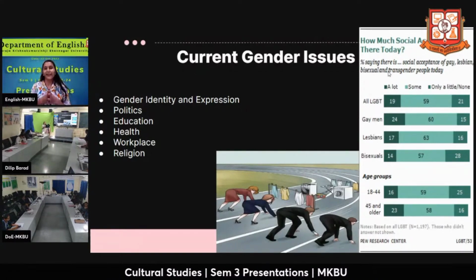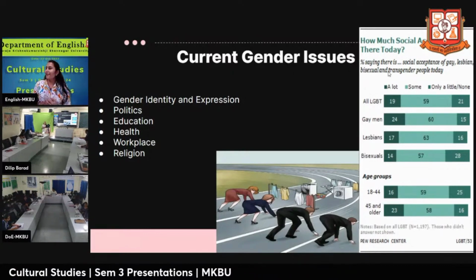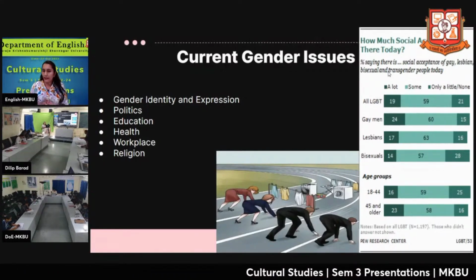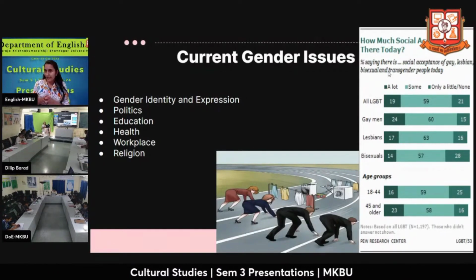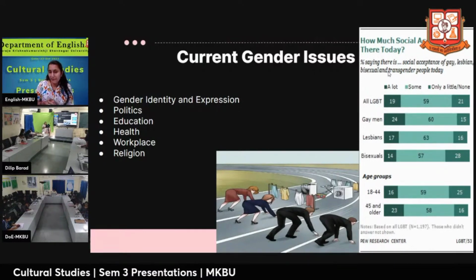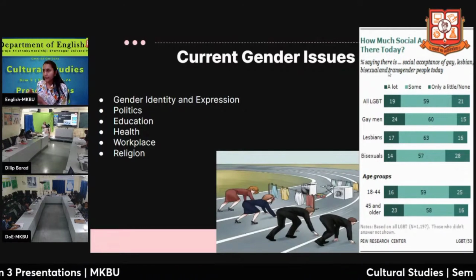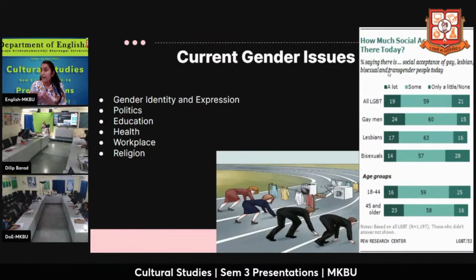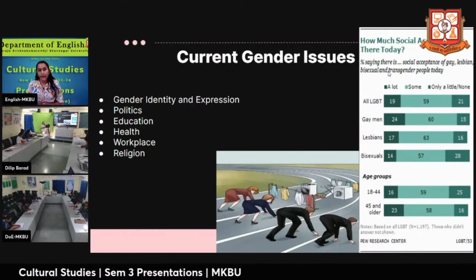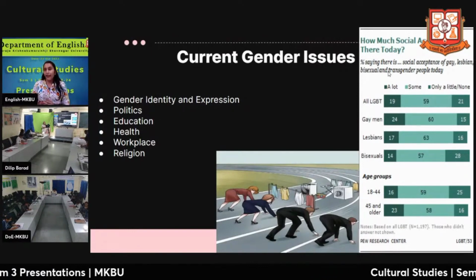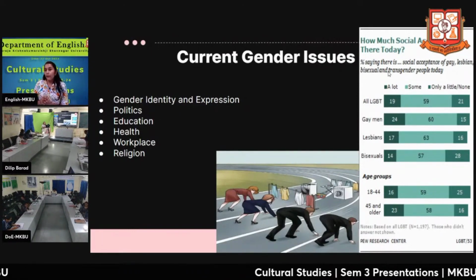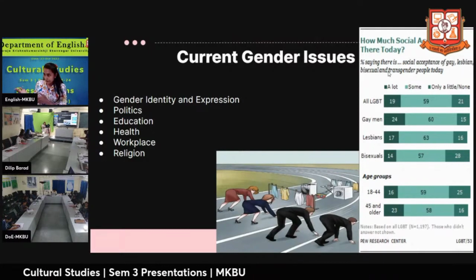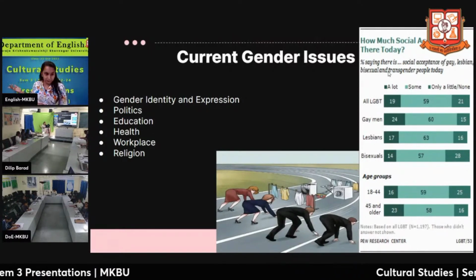Health issue: we can see that many women are unhealthy compared to men. In the workplace, we can see this picture: women do all kinds of things at home, and on the other hand they do their work.